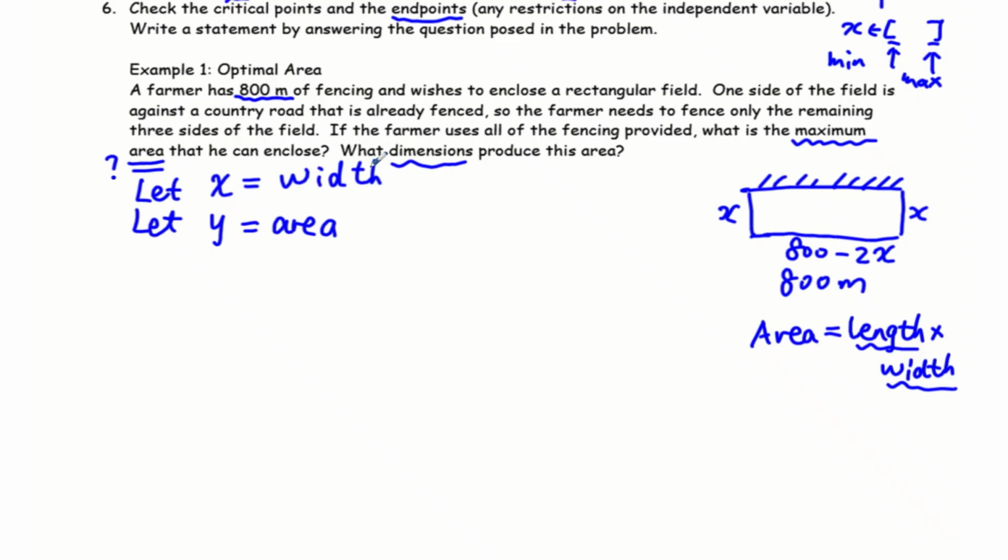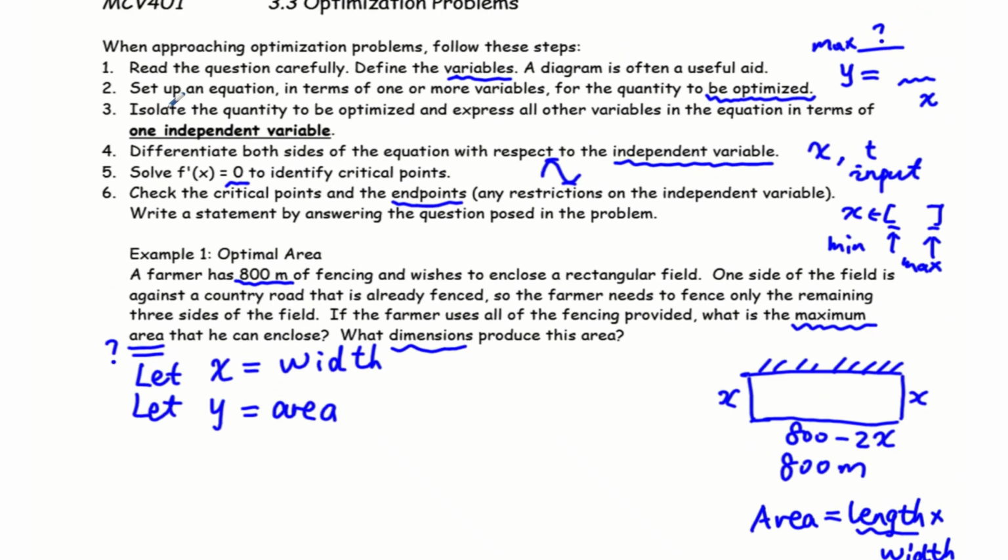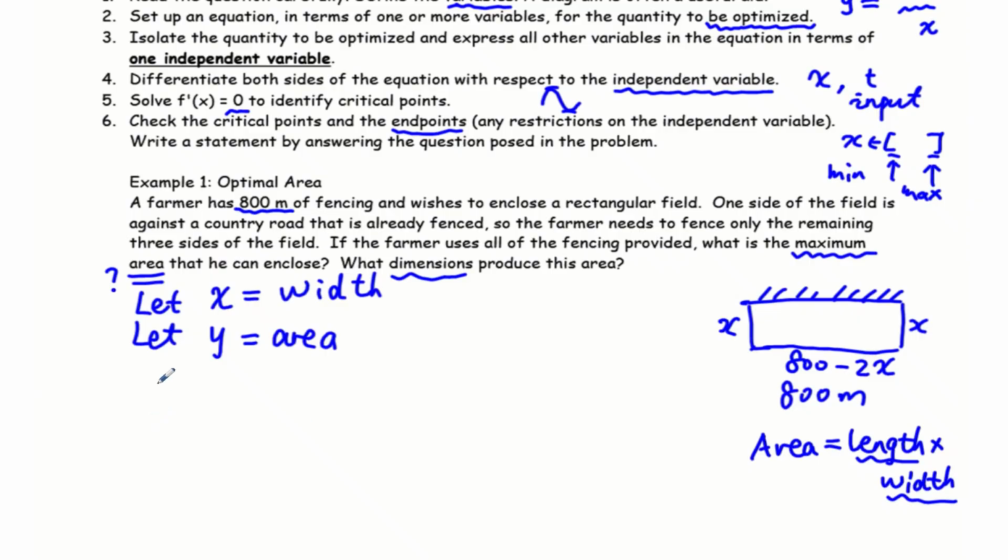So we introduce the variable. This is step 1, read the question carefully, then we draw this diagram, then we need to set up the equation. In order to set up the equation, we have to introduce the variable.